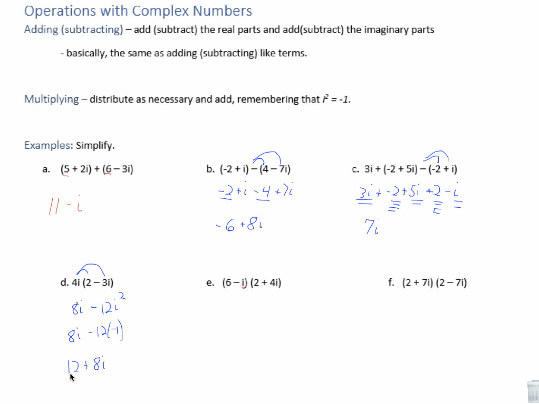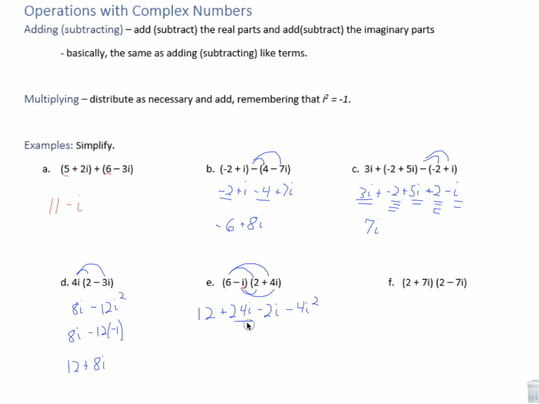We want to put it in that a plus bi form. Here we distribute again. So 6 times 2 is 12. 6 times 4i is positive 24i. Now we have -i times 2, which is -2i, and -i times 4i, which is minus 4i squared.